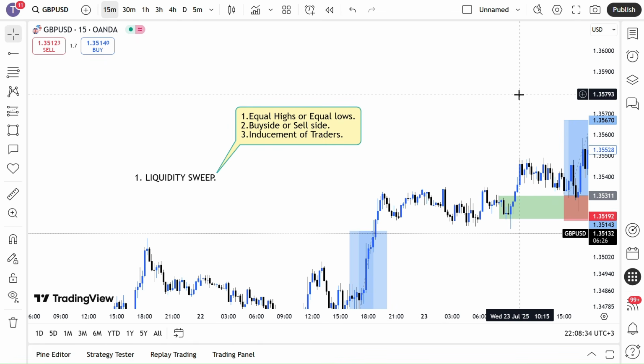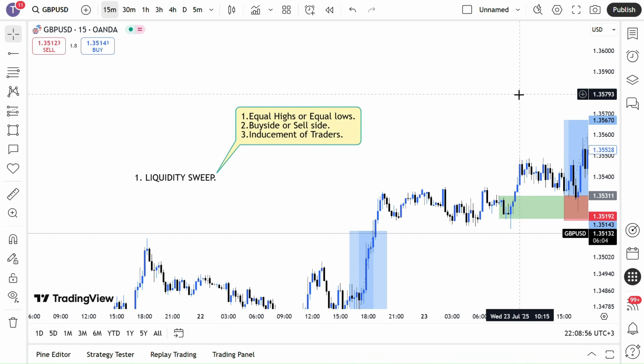And this is very powerful in most scenarios. And number three, did the sweep induce traders in the wrong direction? This is where you have to look for those inducements.